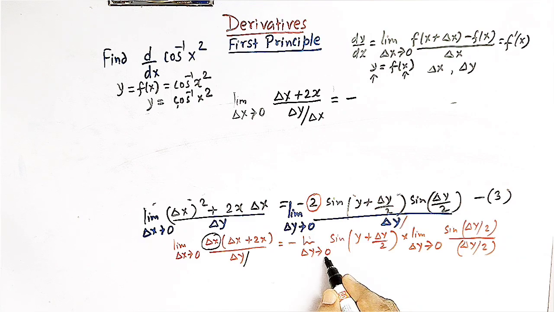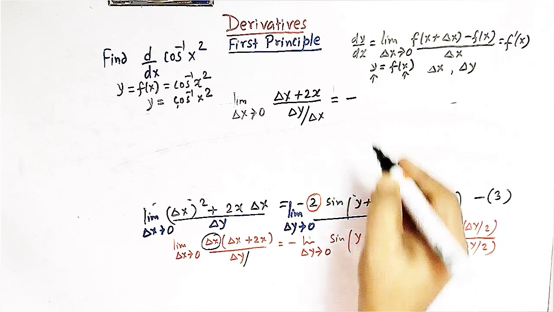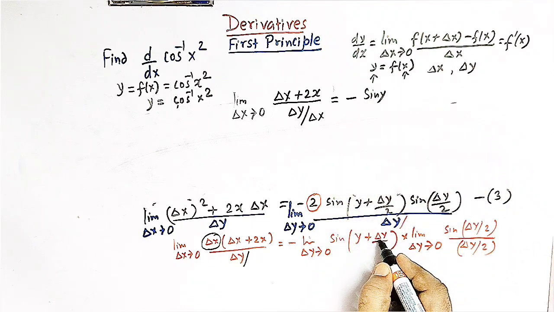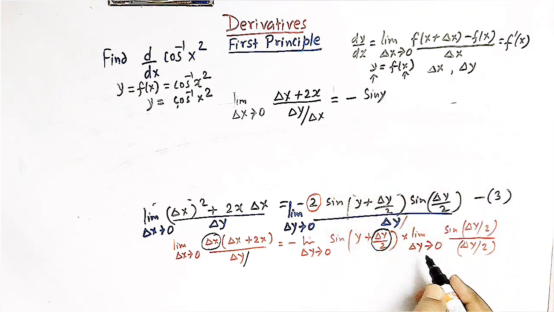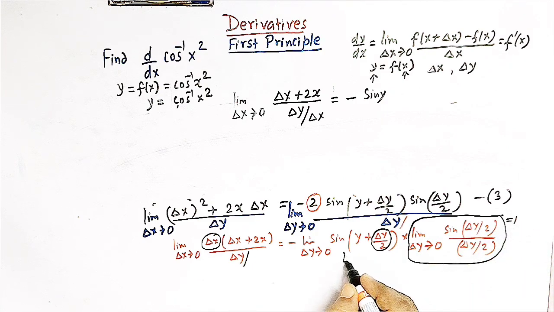Now limit delta y tends to 0 sine of y plus delta y over 2 is equal to sine of y, because this delta y tends to 0, so this term is 0, and we are left with simply sine y, and the value of this limit is equal to 1, because we know that limit theta tends to 0, sine theta over theta is equal to 1.